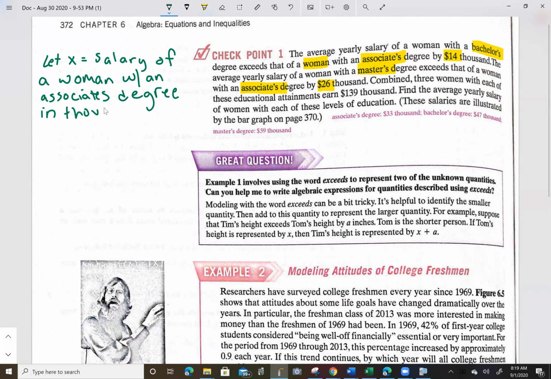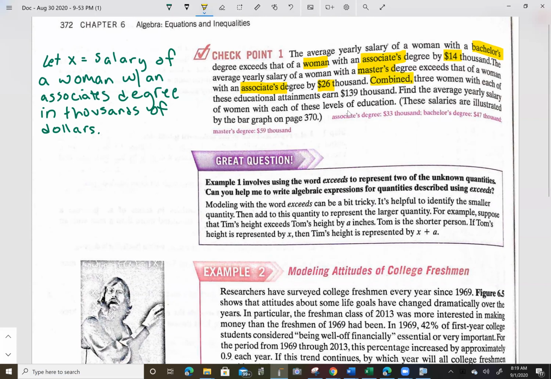In thousands of dollars, period. Okay, and then we have the word combined, remember, so we're going to add.